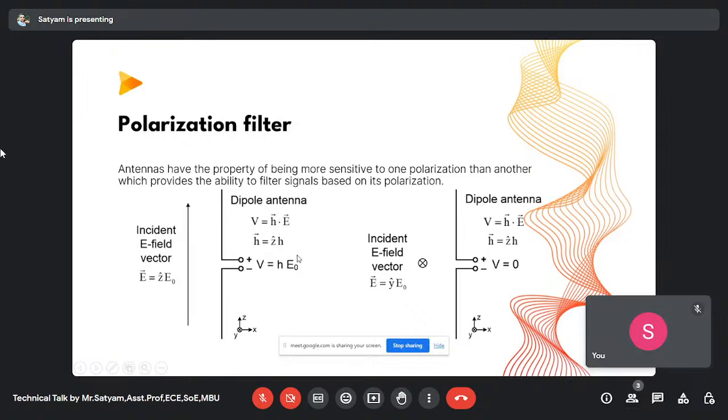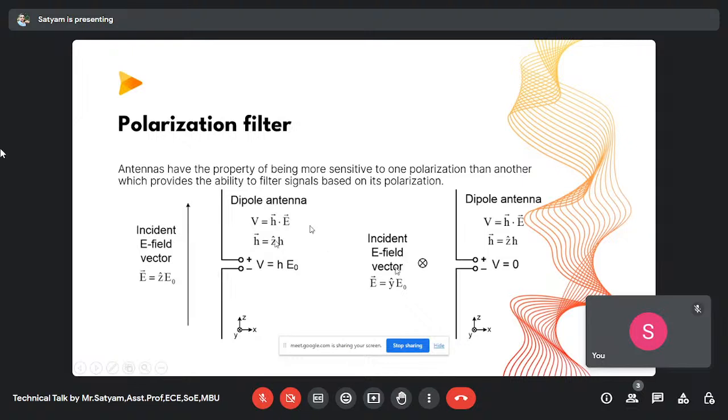The antenna is oriented along the z axis, so h is equal to h times z cap. E is the incoming electric field, here E naught times z cap. When you make the dot product, z cap dot z cap becomes 1. That is why the value is h times E naught. This is possible when h is along z cap and the incident field is also along z cap.